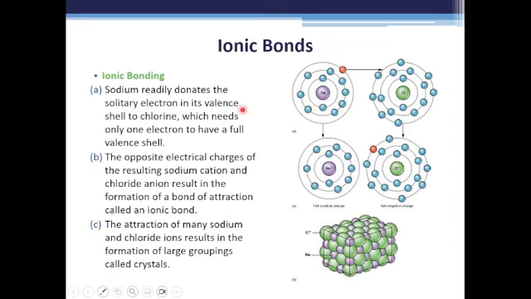Let's talk about it on the medical side. In our body, ionic bonds are extremely important because many substances exist as ions. We have the sodium, Na plus ion. We have the potassium, K plus ion, found in bananas.